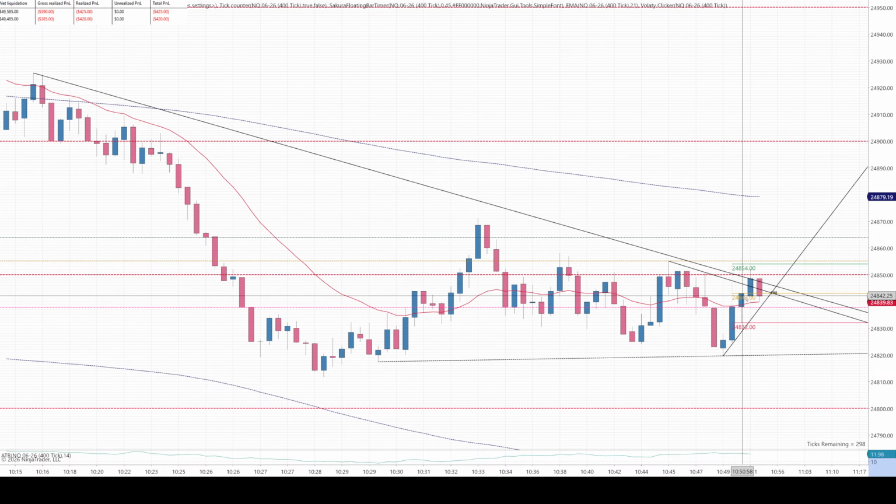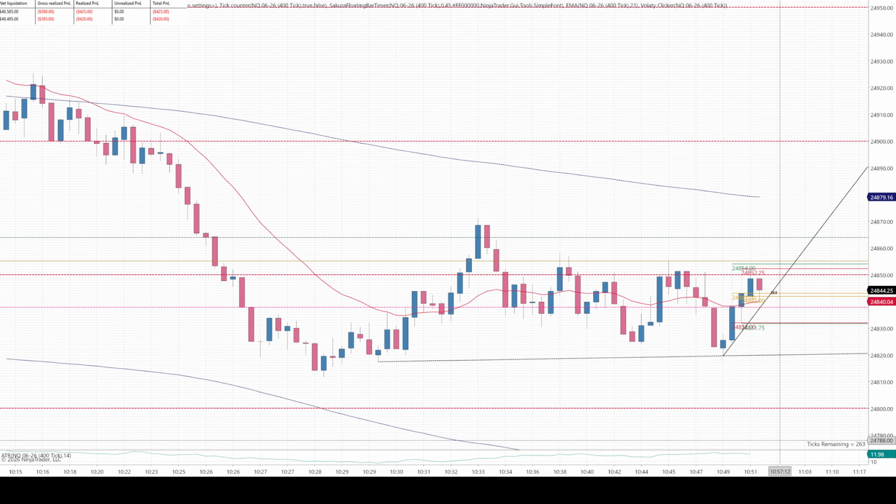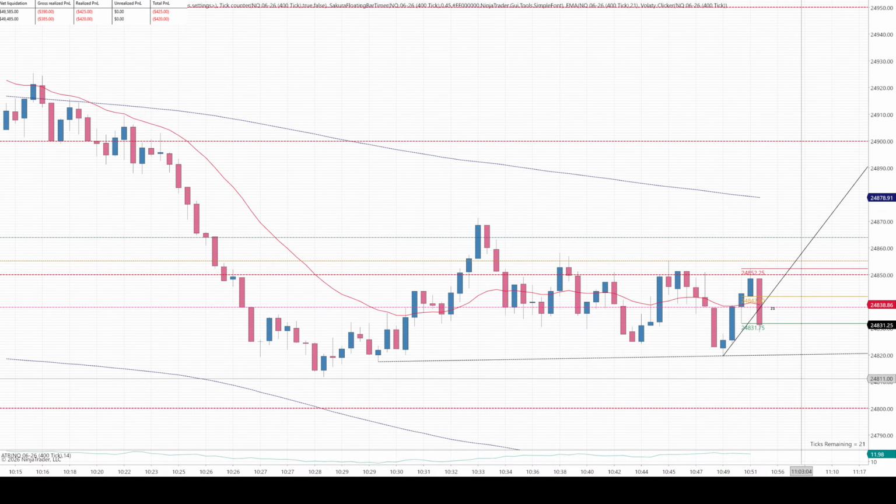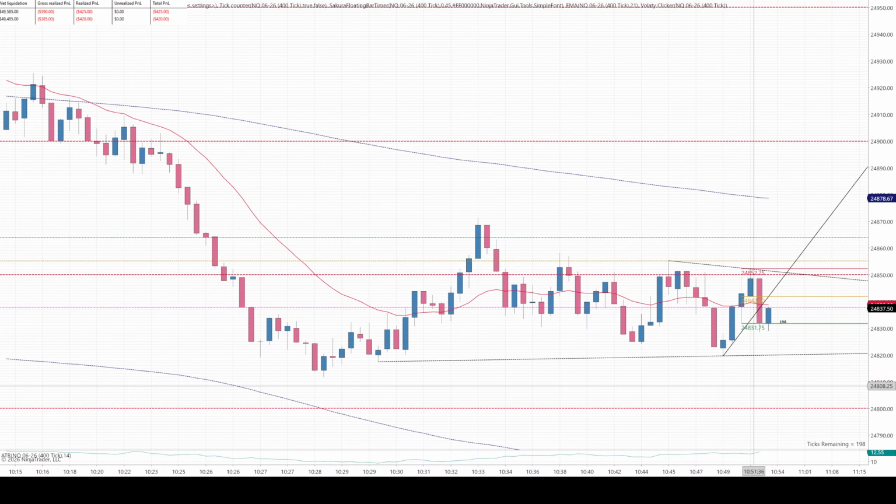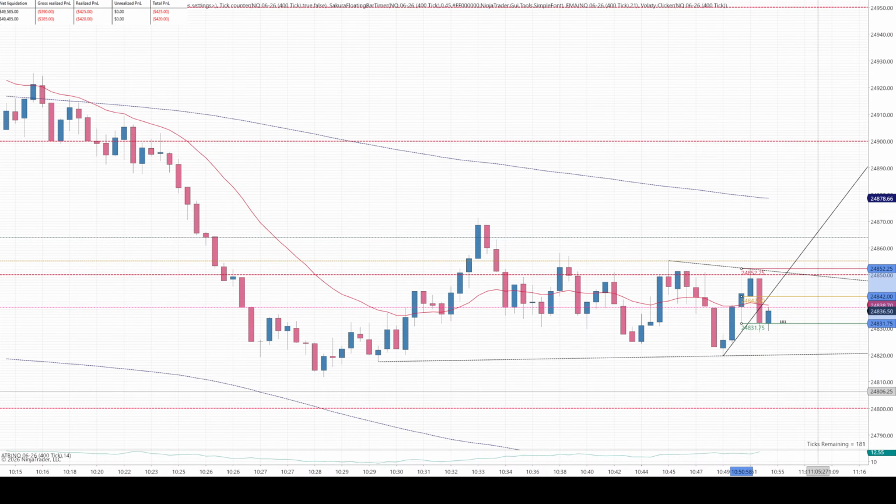Triggered lower as well. And the bearish trade worked. Able to get room for another bearish setup.